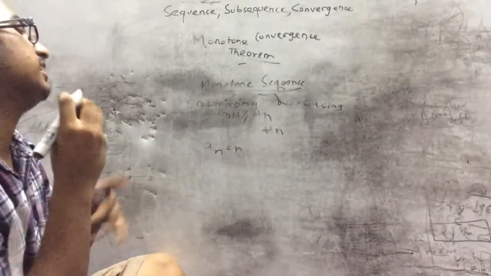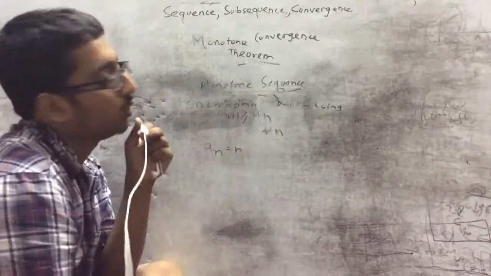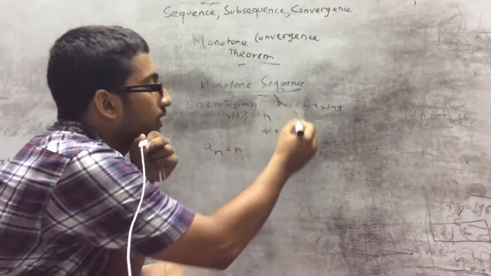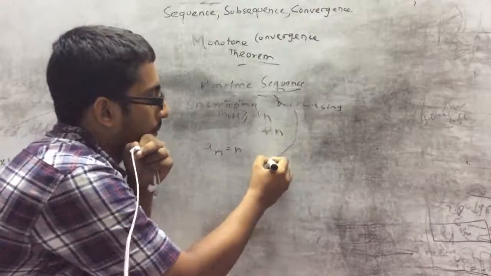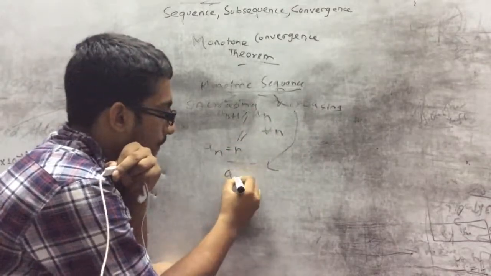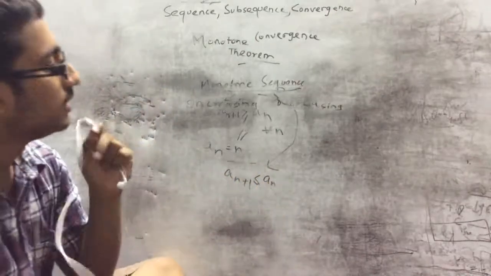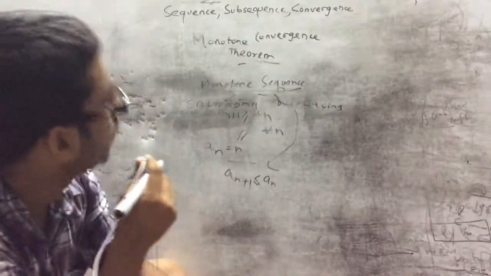If a_(n+1) is greater than or equal to a_n for all n, then a_n is called increasing, and otherwise it is called decreasing, if it decreases, right? So it's simple enough.